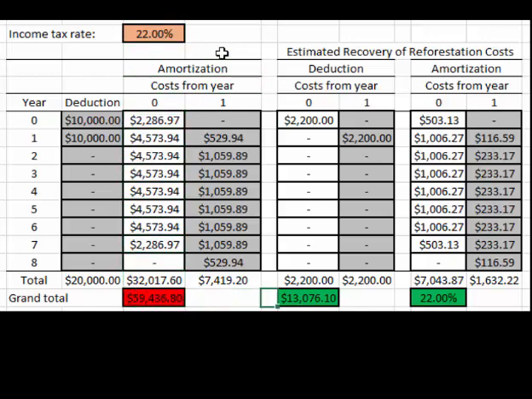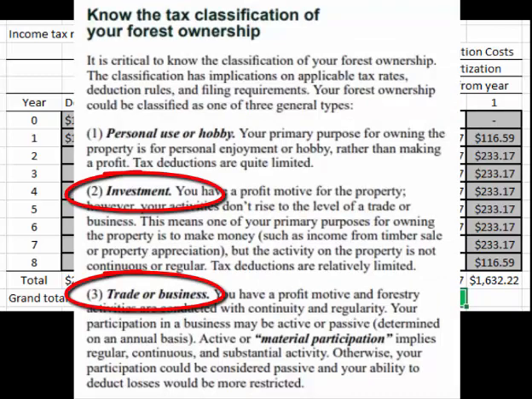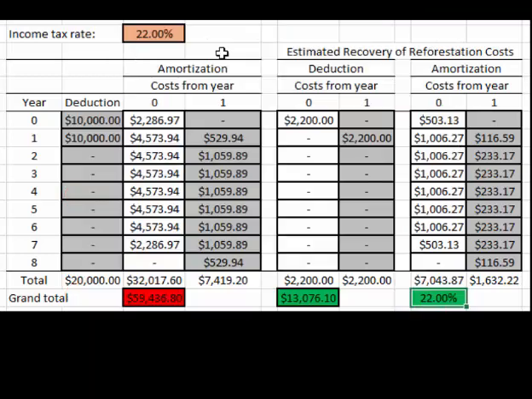So you can see this program provides a fair amount of recovery of your reforestation cost, and you should use it if it's applicable to your classification and to your overall management objective, and in terms of maximizing your financial returns based on your investment.